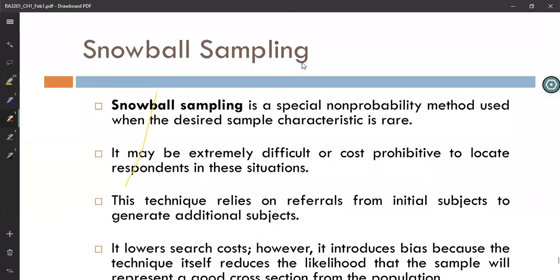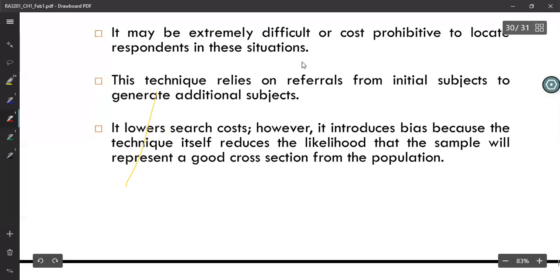Think about, okay, my study is, let's say, a job satisfaction survey among bank managers in, let's say, Central Province of Sri Lanka.